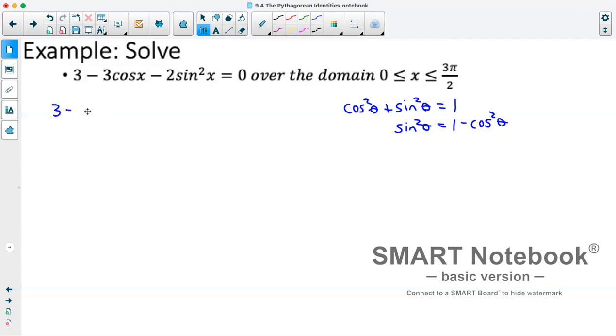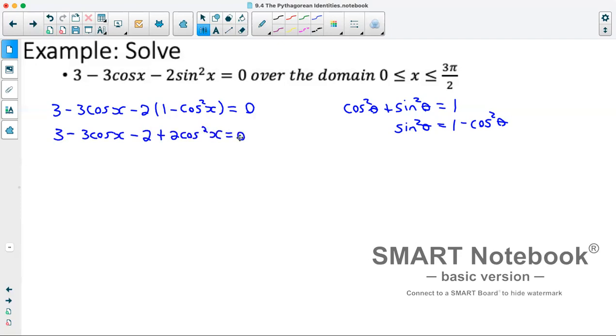So we've got 3 minus 3 cos x minus 2 times 1 minus cos squared x equals 0. We'll expand this out. So we've got 3 minus 3 cos x minus 2 plus 2 cos squared x equals 0.